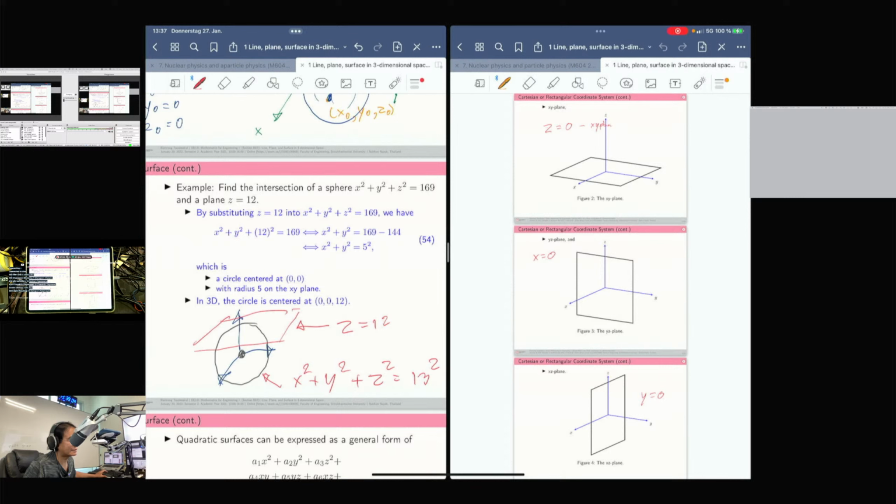Okay, and what do you think then? Is there anyone who could say the answer to this?